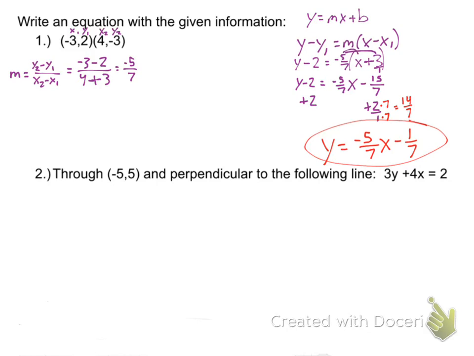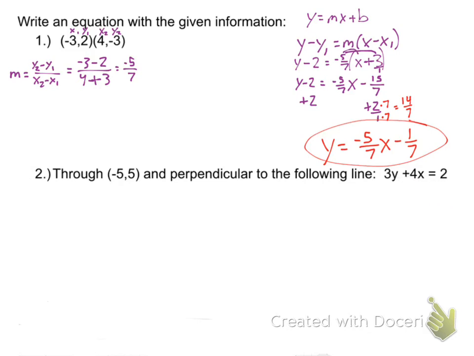First of all, does anybody recall what form this is in right now? It's in standard form. Standard form is really nice because I can find my x and y intercepts very easily by solving for x and y when I put a 0 in for x or y. This is not in slope-intercept form. None of these coefficients are the slope.